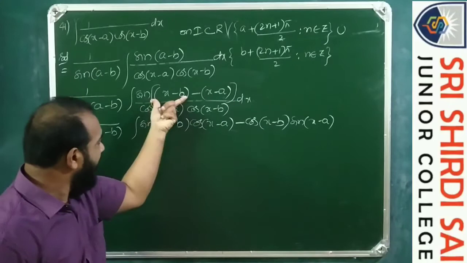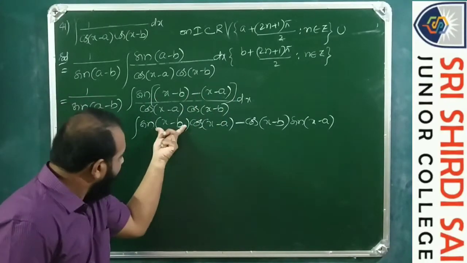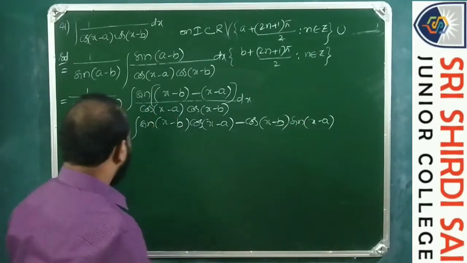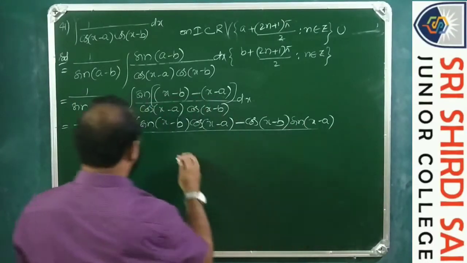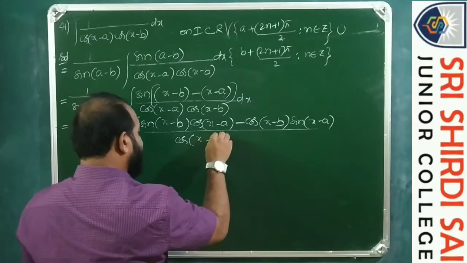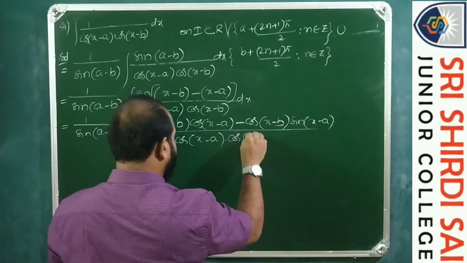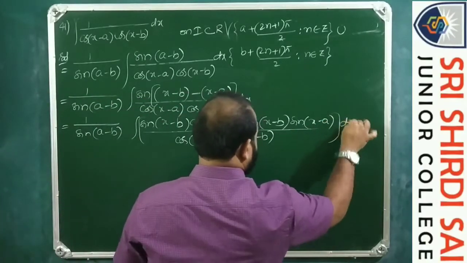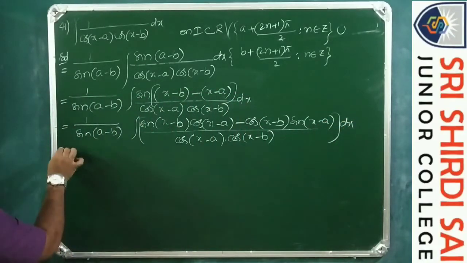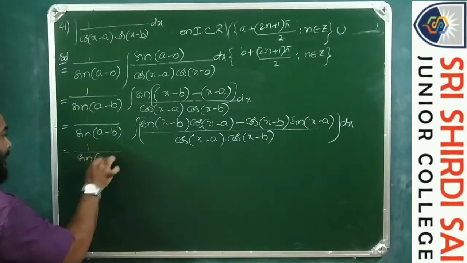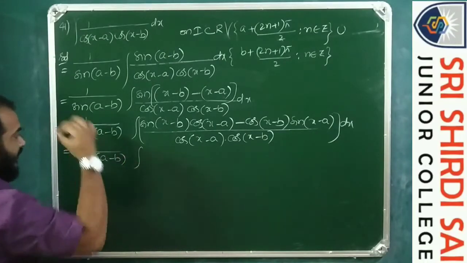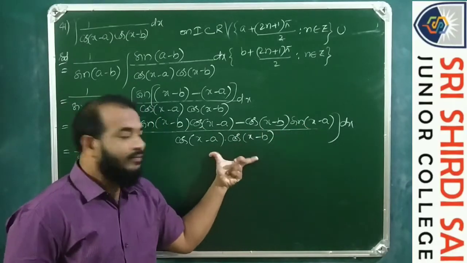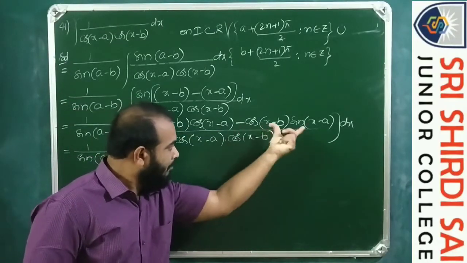Sin of a minus b, sin a cos b minus cos a sin b by cos of x minus a into cos x minus b whole dx. This is equals to 1 by sin a minus b integral. This is a minus b by c, a by c minus b by c.